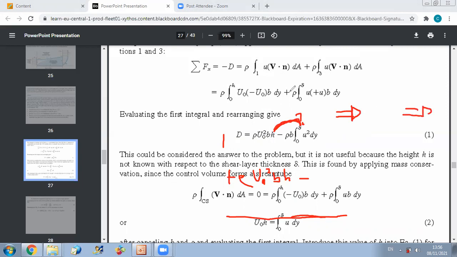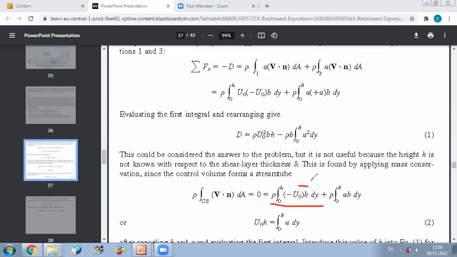Okay, and what is the expression of m dot? So if you apply the integral over the control surface of v dot n dA, we have minus m dot in, integral u b dy times rho. Okay, and since u0 and b are constant, you can take them outside of the integral.